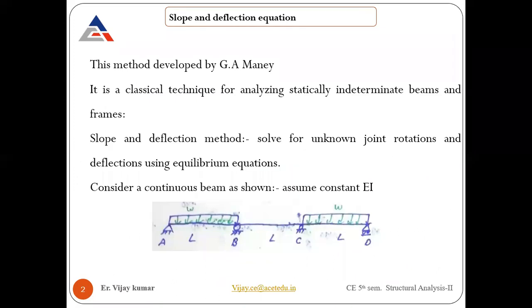So let me put it in a summarized way, what we need to follow in this particular kind of problem. We are going to solve continuous beam problems, which are going to deflect, and the primary cause of deflection and slope is bending moment only. Fine.